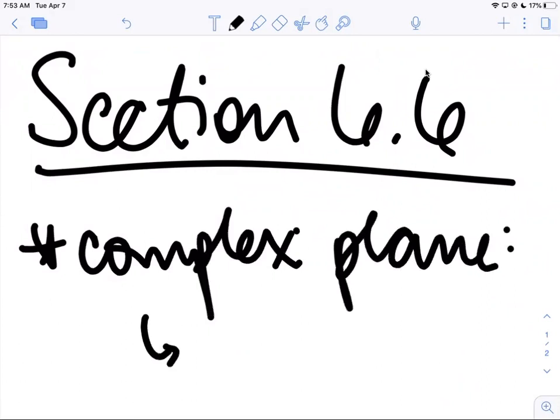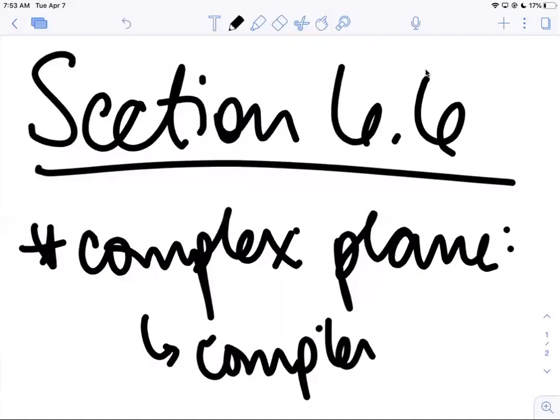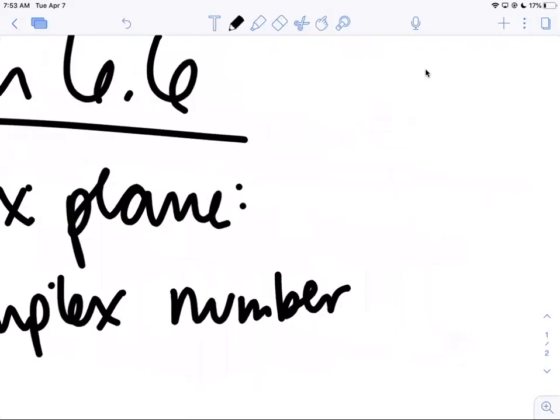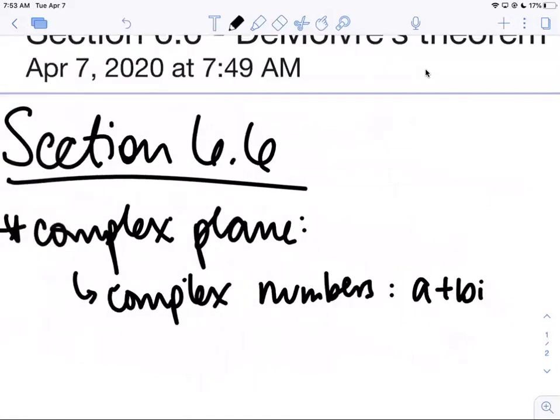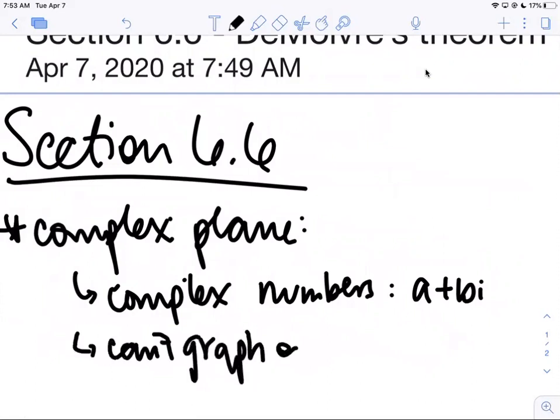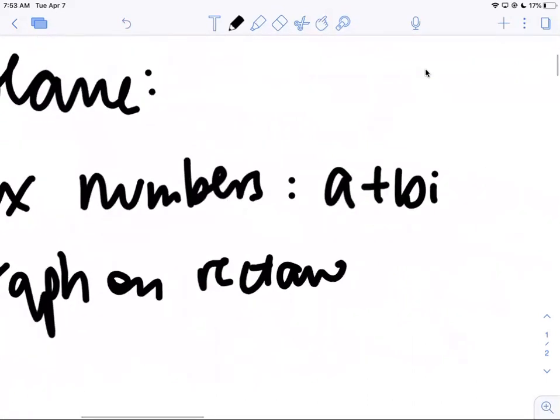Remember that complex numbers are in the form of a plus bi. You can't graph those on what we call the rectangular plane or the Cartesian plane.